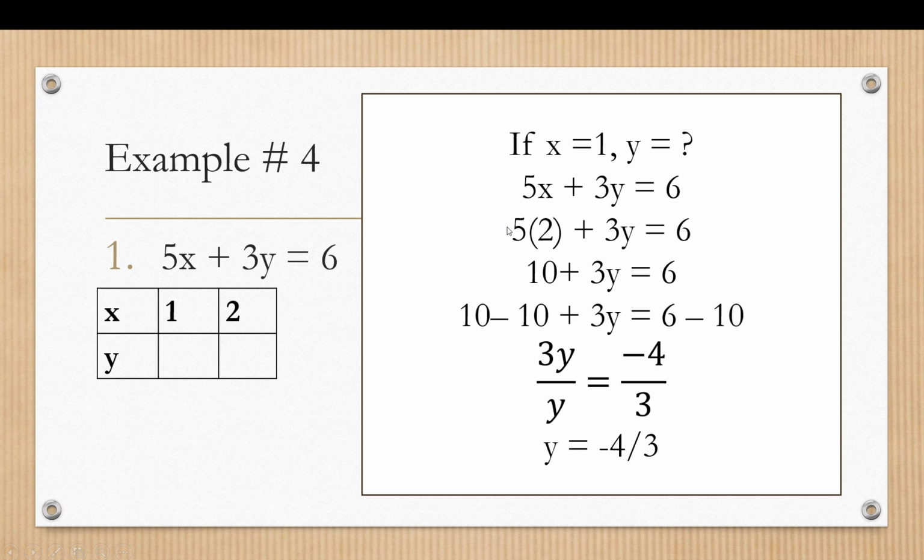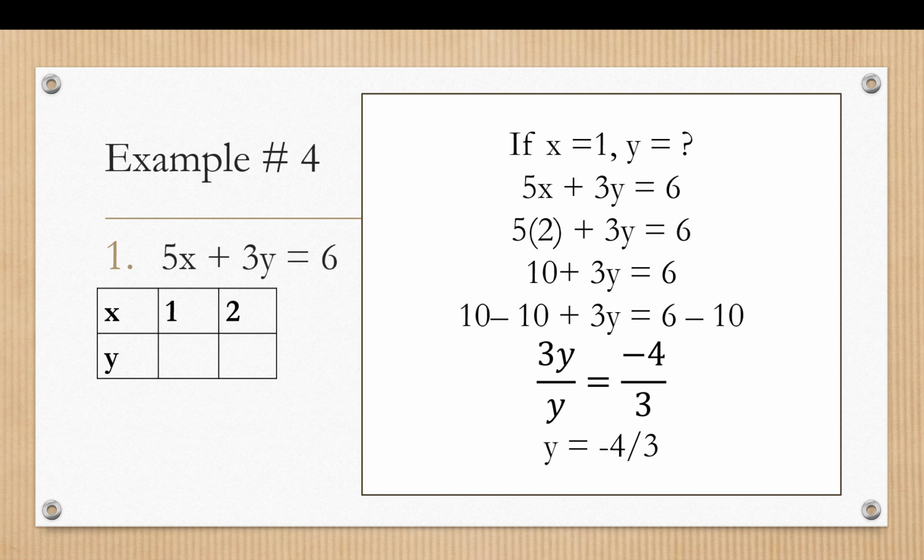Next, if x = 2, then 5x + 3y = 6. Substitute the value of x, which is 2. It will give us 10 + 3y = 6. It will result to 10 - 10 + 3y = 6 - 10. Now it will be 3y = -4.